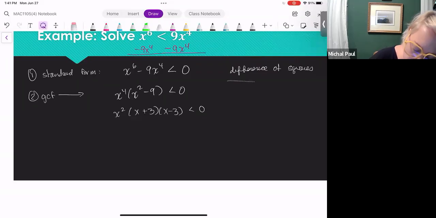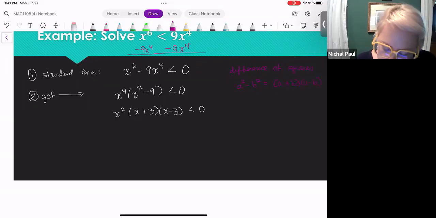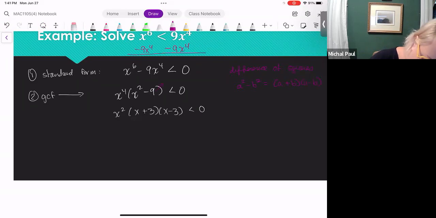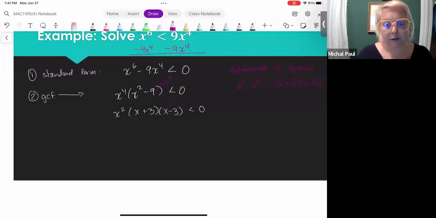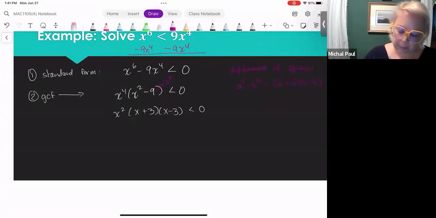A difference of squares has this rule: if I have a squared minus b squared, I can factor it as a plus b times a minus b, where the two factors are just what was squared, because this is the same as having 3 squared for 9.